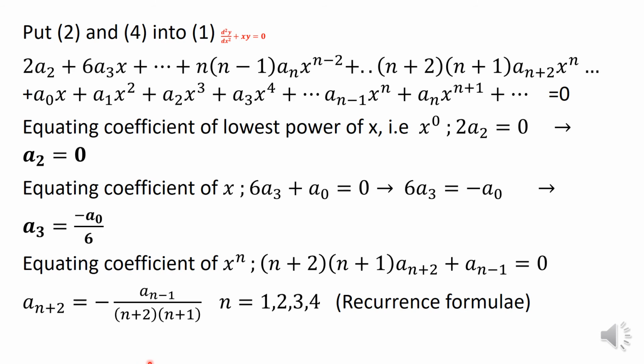Further you can put further values, like n equal to 3 we can put, right? So n equal to 3 means a5 we can calculate. You can see here a5 will be what? 3 minus 2, a2 will be 0, so a5 will be 0. Similarly, a7 means n is equal to 5.